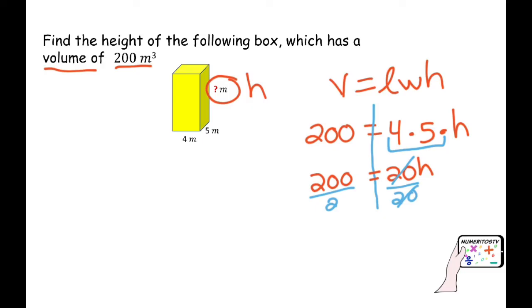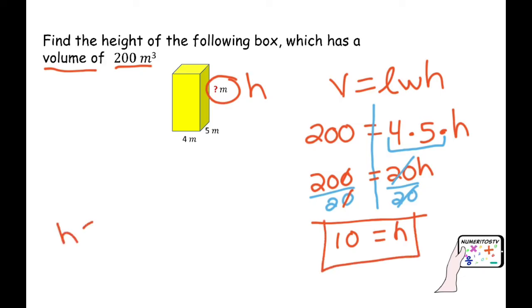But whatever you do to that side, don't forget to also do it to the other side to balance the equation. So, in this case, I have 10, and on the other side, I have 1h, and that's what we want to find, the height. So the answer will be height equals 10 meters.